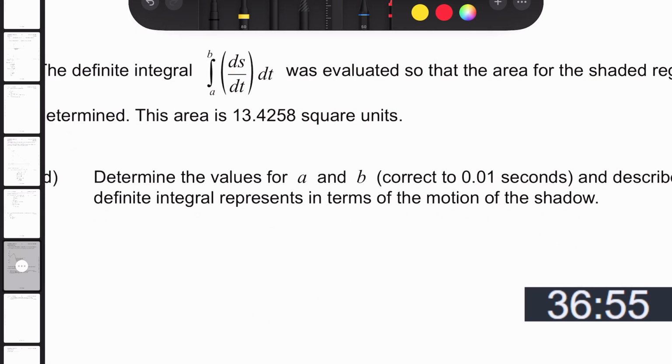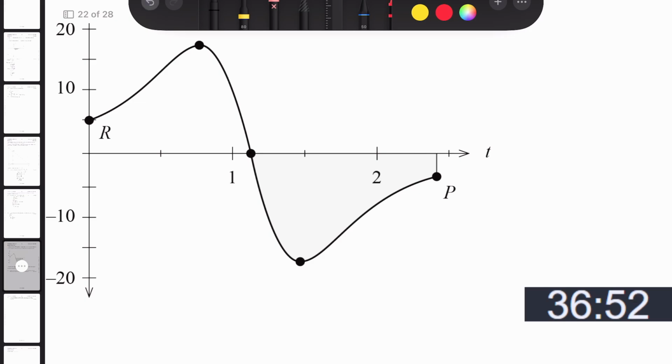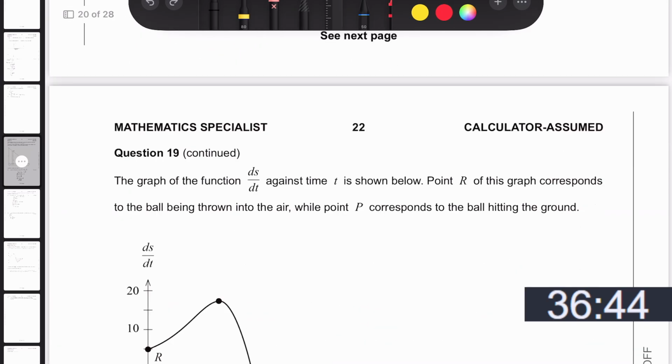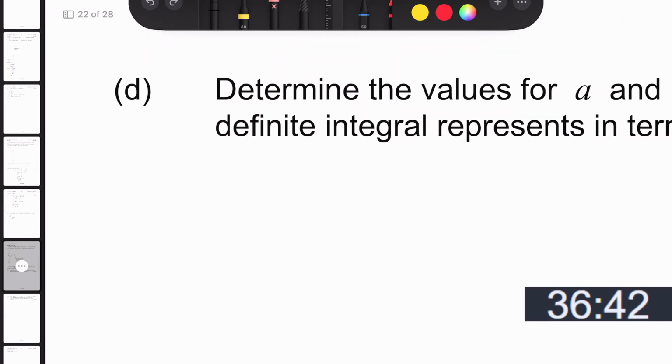Okay, wait. So a is 0, so maximum height. A is at the maximum height.